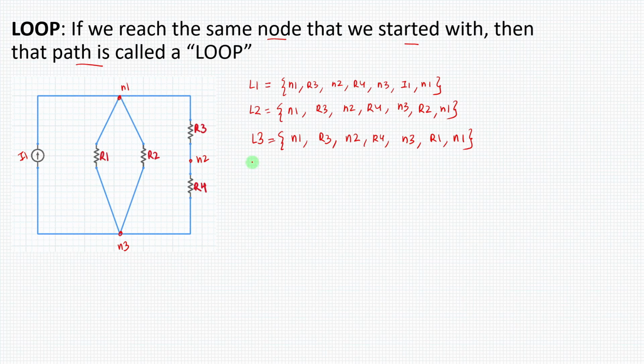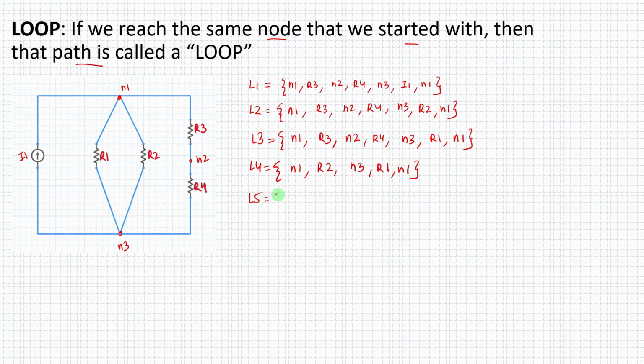Now for the fourth loop, I can look at this particular configuration here. So I can define another loop: N1, R2, N3, R1, and N1. So this is also a loop. I'm starting at N1 and I'm coming back at N1. That is why it is called a loop.